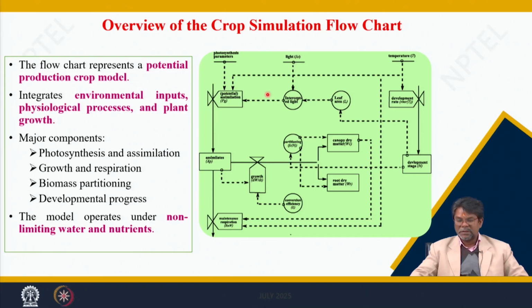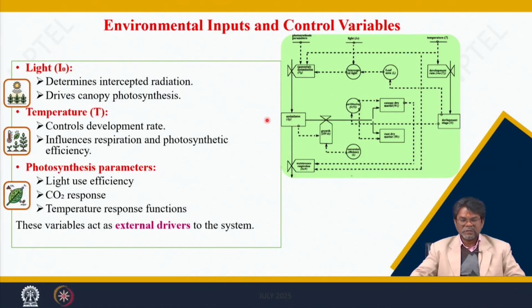Those are represented by these symbols, which will be explained in the next slide. You see how the environmental inputs and the control variables, the light, radiation, temperature, and photosynthesis, influence the potential assimilates.